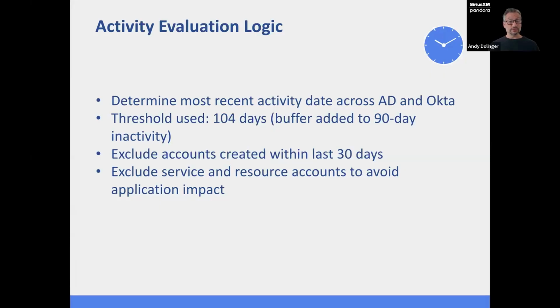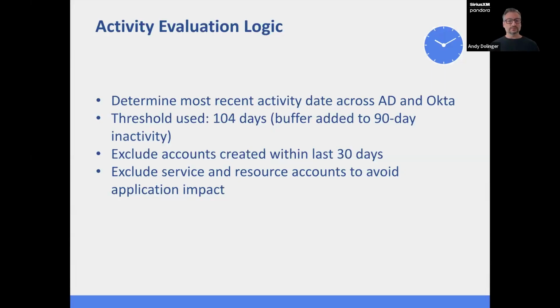We use 104 days rather than 90 days. I know we call it 90 days, but we actually are doing 104 days because of Active Directory synchronization. So we wanted to allow a buffer so that we're getting the closest to the correct dates.